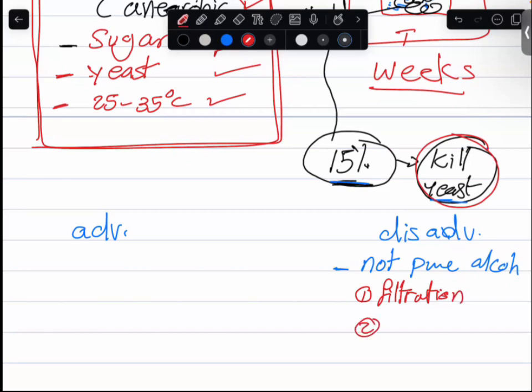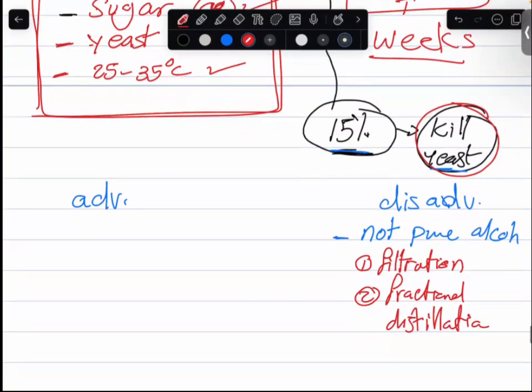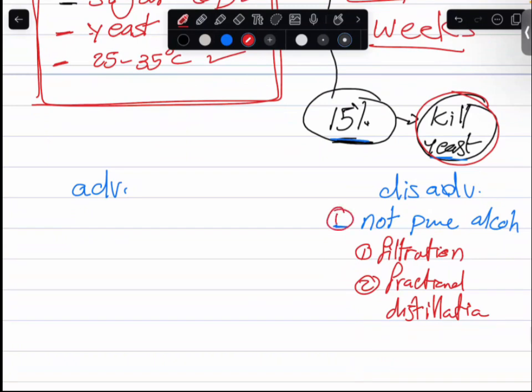Number two, I have to make fractional distillation to separate alcohol from the rest of the sugar. So number one, the alcohol produced in this way is not pure.